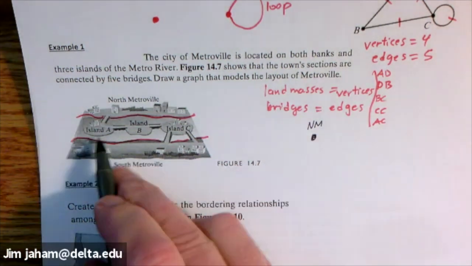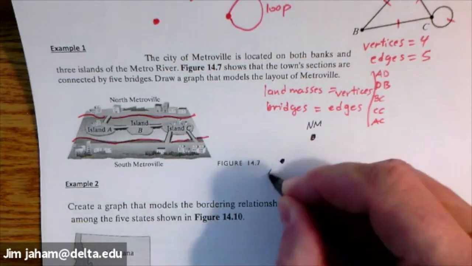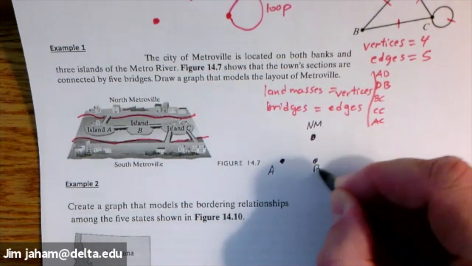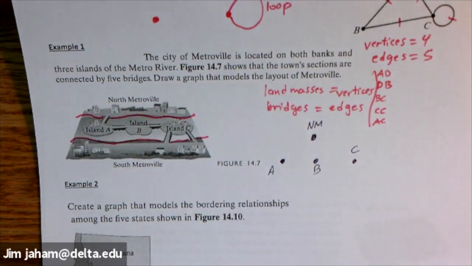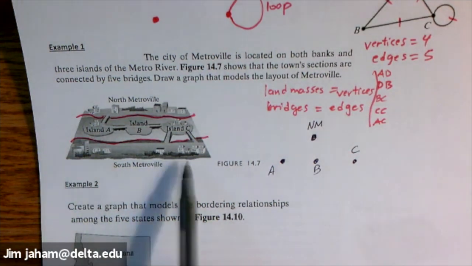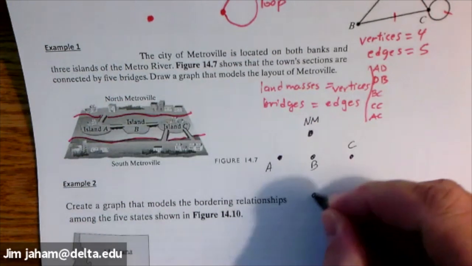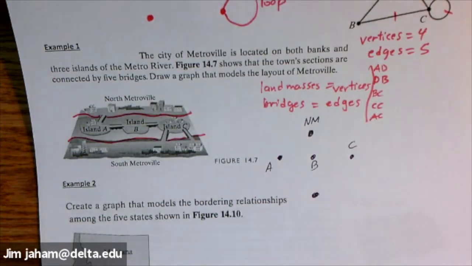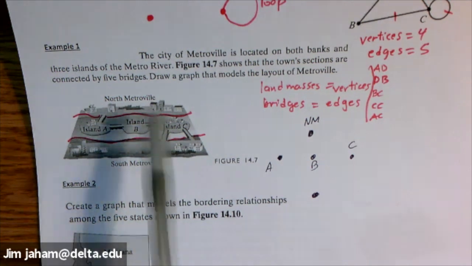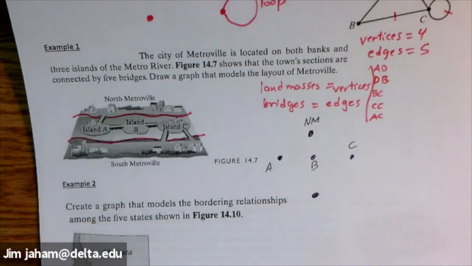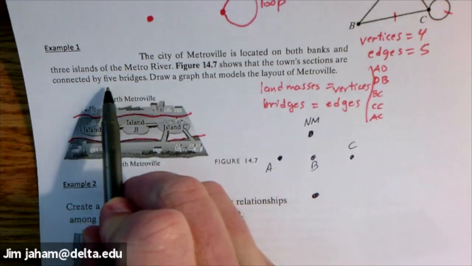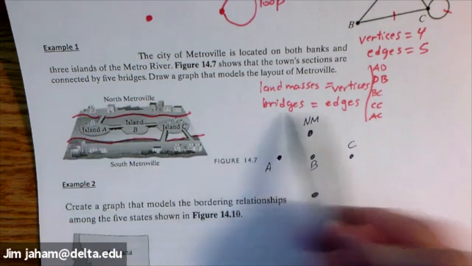And then you have the 3 islands, Island A, Island B, and Island C. Each is another landmass. And then you've got South Metroville down here, which is another landmass. Since there are 1, 2, 3, 4, 5 land masses, there are 5 vertices. We also have 5 bridges, and the bridges will be edges.